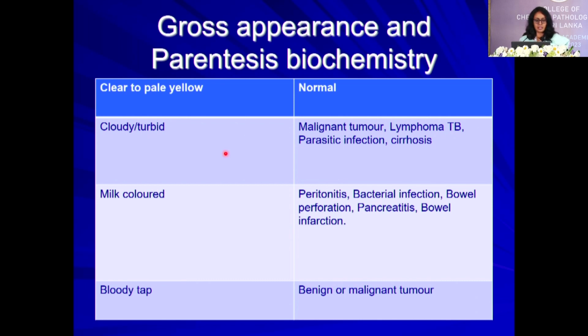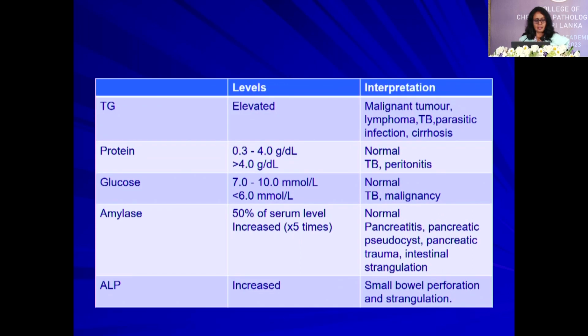If it is milky colored, peritonitis can be suggested; also bacterial infection, bowel perforation, pancreatitis and bowel infarction are possibilities. If it is a blood tap, it can be a benign or a malignant tumor. If the triglyceride level is elevated, usually it is a malignant tumor as well as lymphoma, tuberculosis, parasitic infection or cirrhosis.